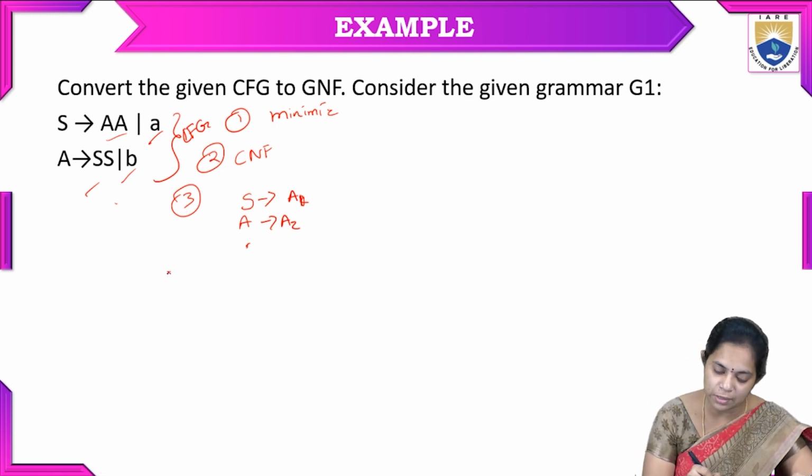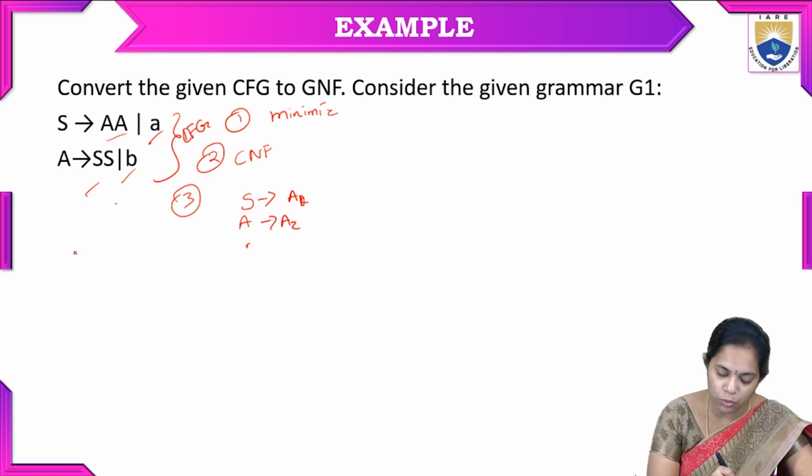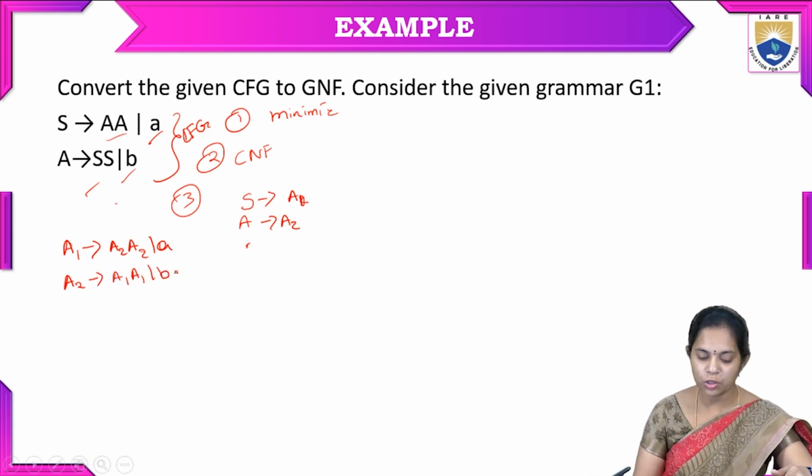Only two non-terminals are there. We will write these production rules like A1 tends to A2, A, and A2 tends to A1, B. So these are the two production rules.